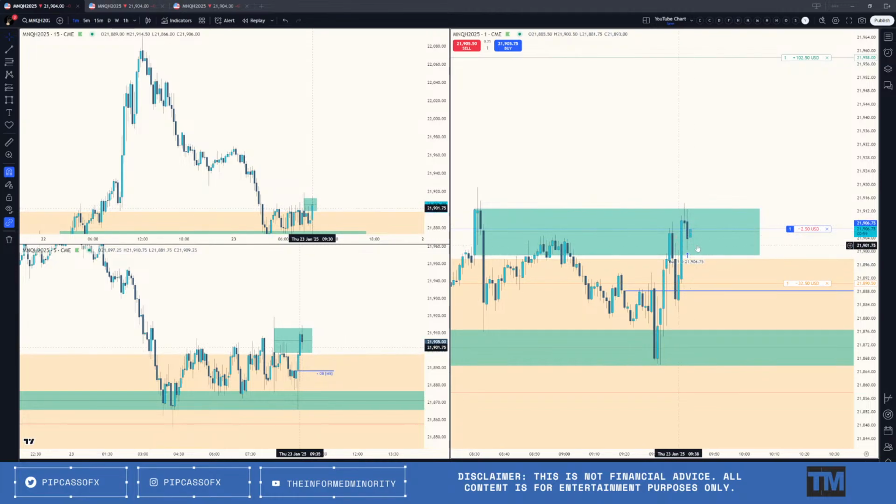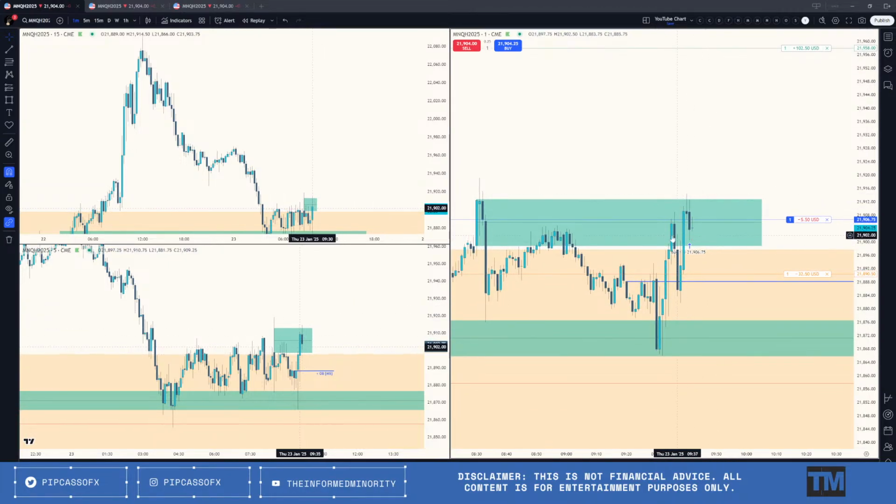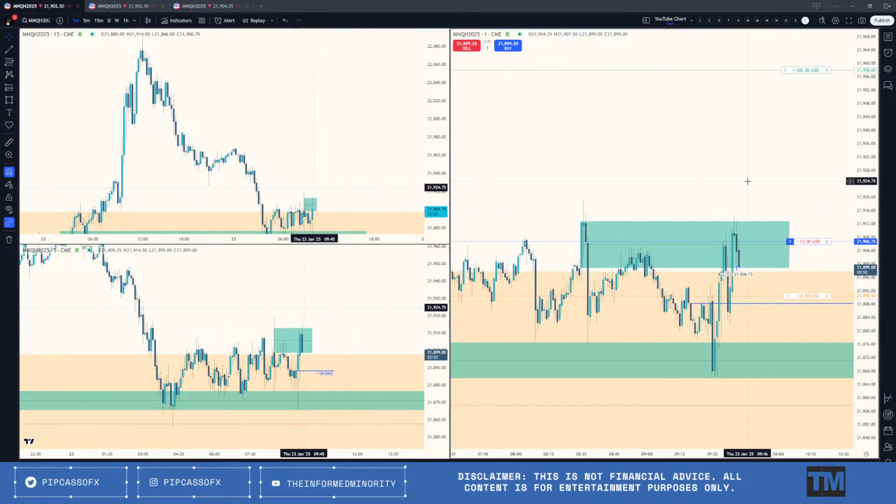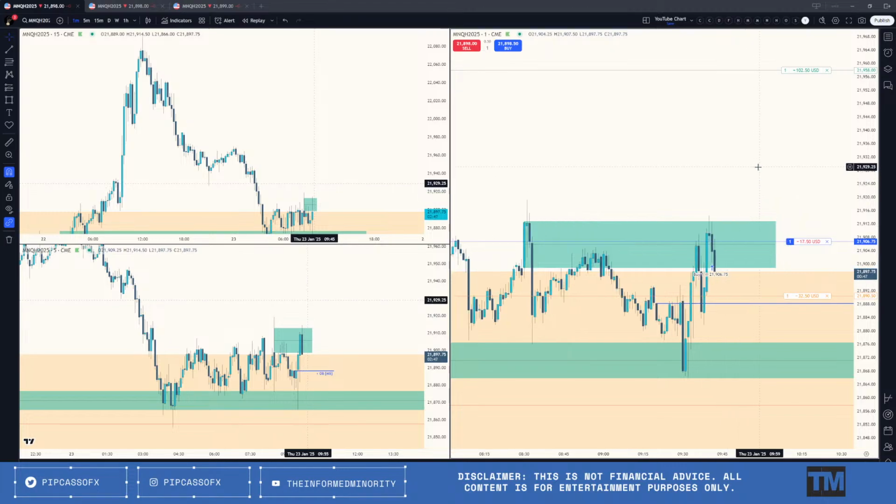I don't necessarily like how it closed that in all the way, but we'll see what we get here. I don't like how it closed that, but pretty much looking for 50 handles. So I might get stopped out here. So we hit the top of the new week opening gap and reacted negatively from that, but it's okay.